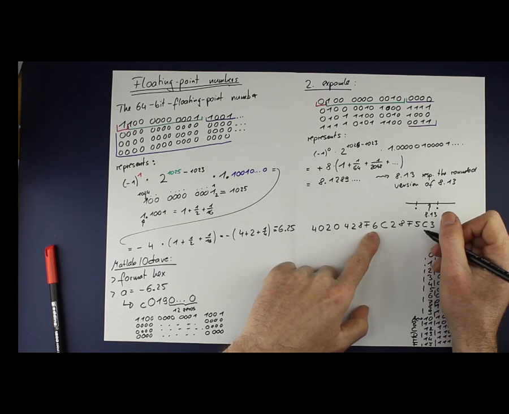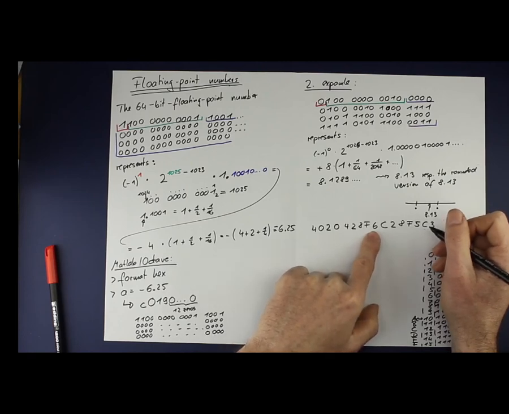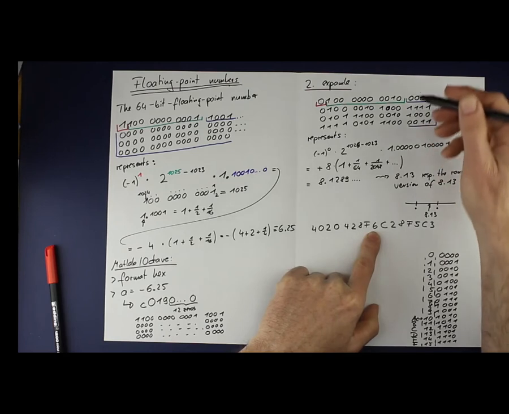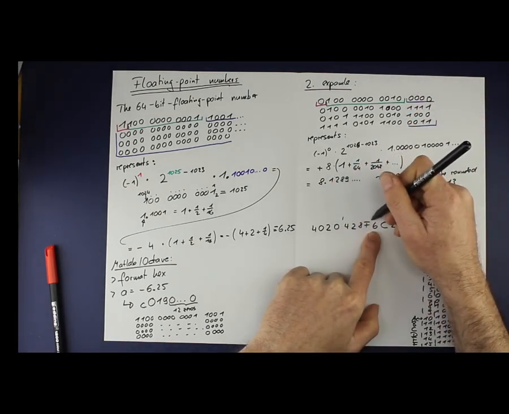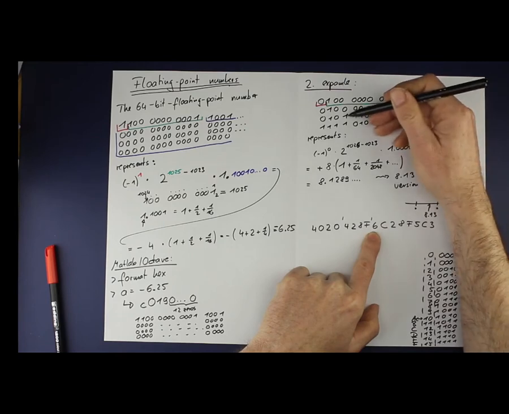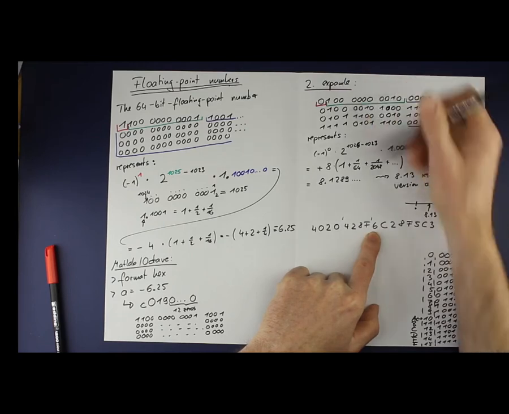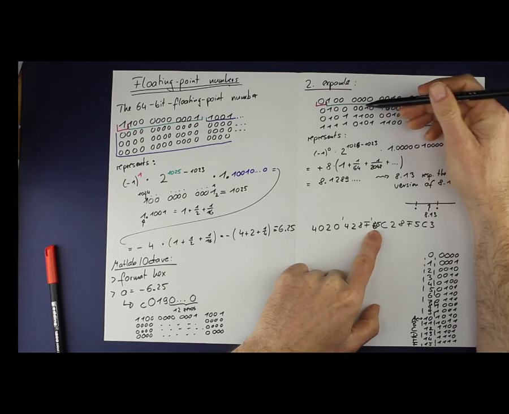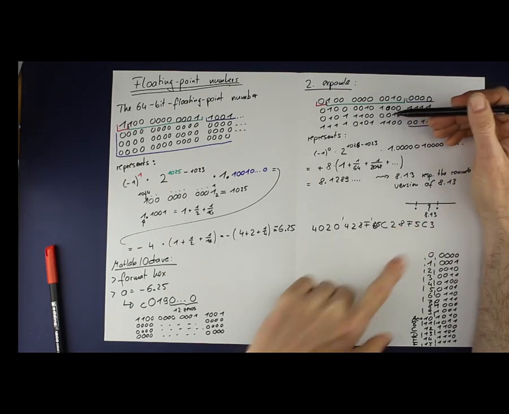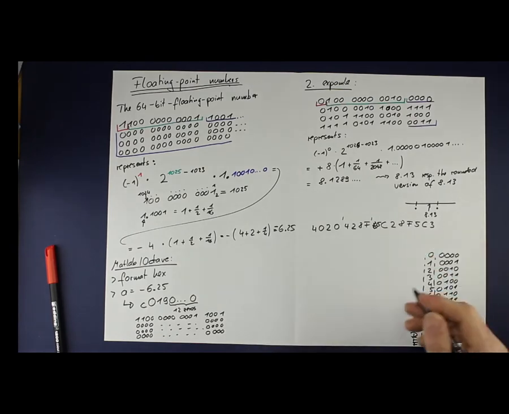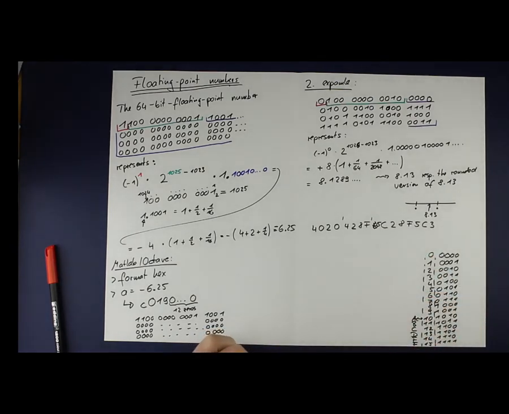No, I checked that. It was not a 6. So which was that? This is not a 6. It's a 5. It was 5C28F5C3. Yes, this was the number we have seen on the screen.